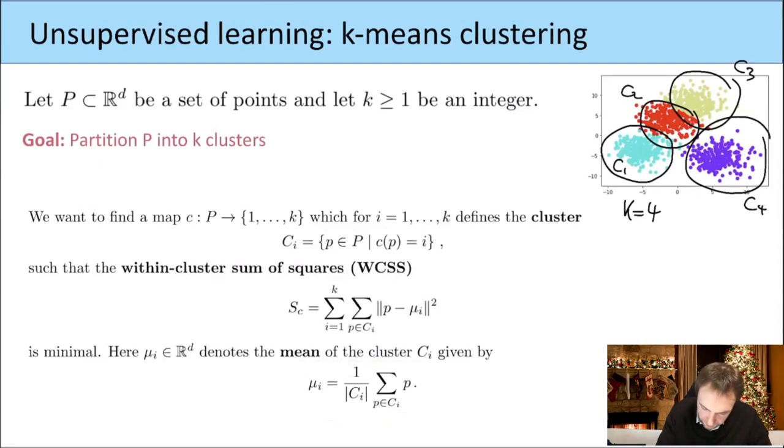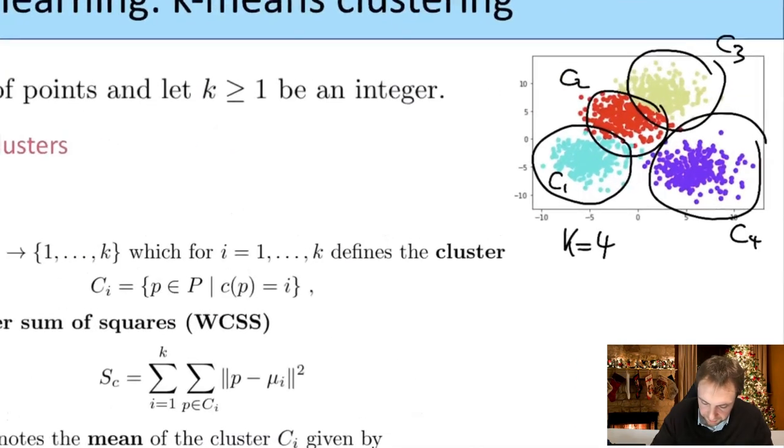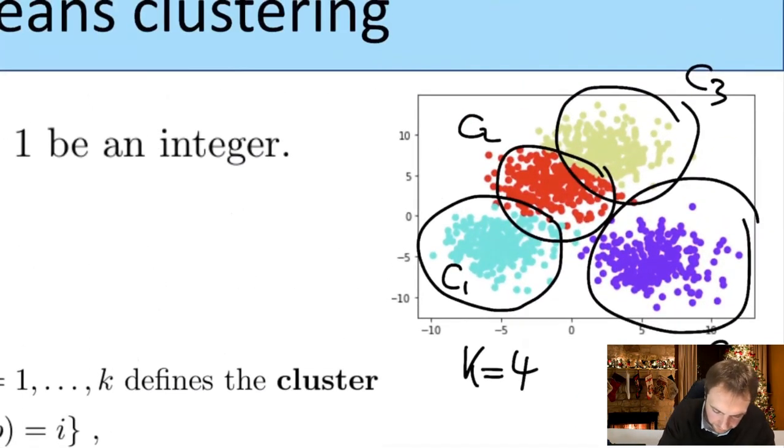So what we do is, for each of these clusters, we take the sum over all points in this cluster, and then we divide by the number of points in this cluster. And in the picture here, this just means, for example, here maybe we have mu1.